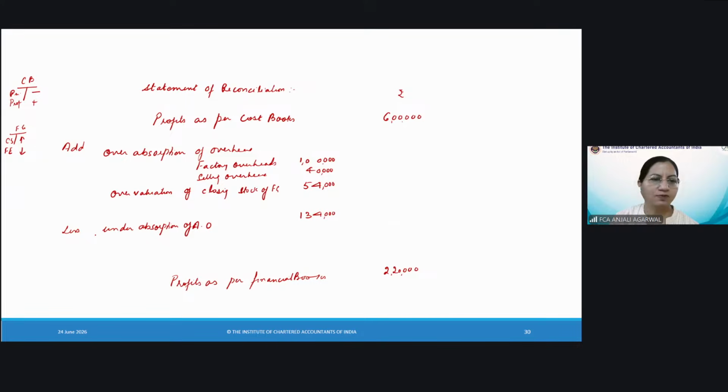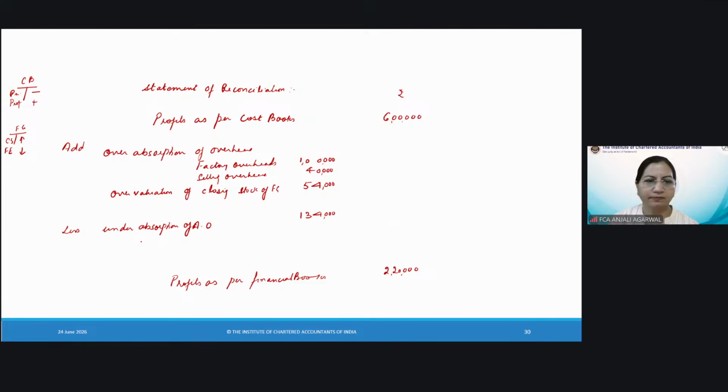So you will also reduce goodwill written off, 4 lakhs, and interest expense, 40,000.